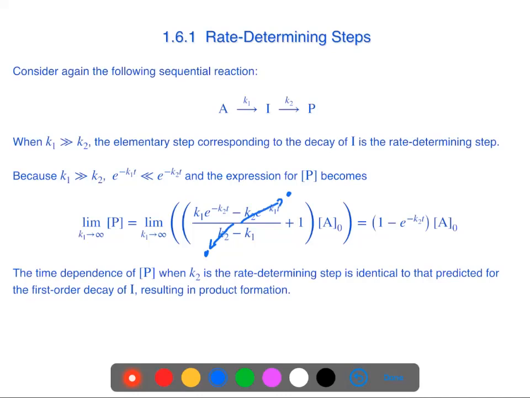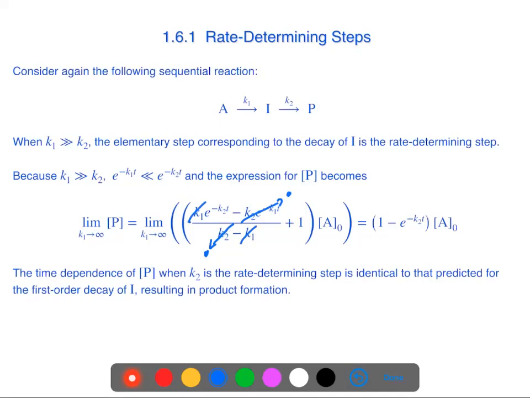And so under this limit, we see a reduction in what appears to be a more complex expression for the product concentration. We see that it simplifies quite nicely in that we have minus k1 on the bottom that can divide into the top, so we lose our k1s.